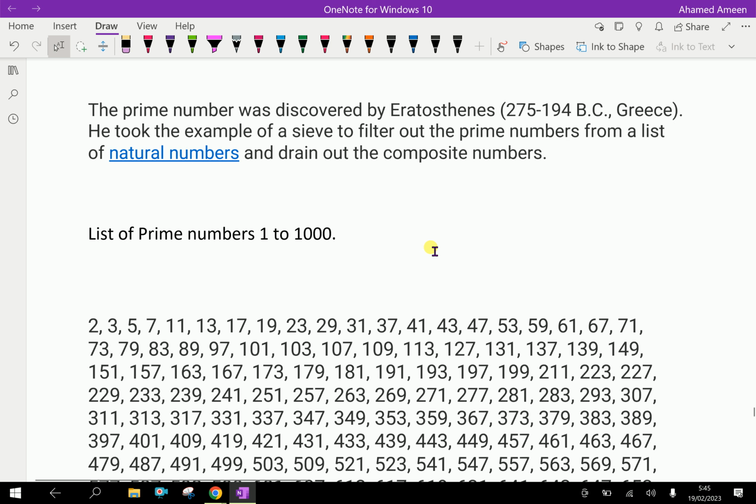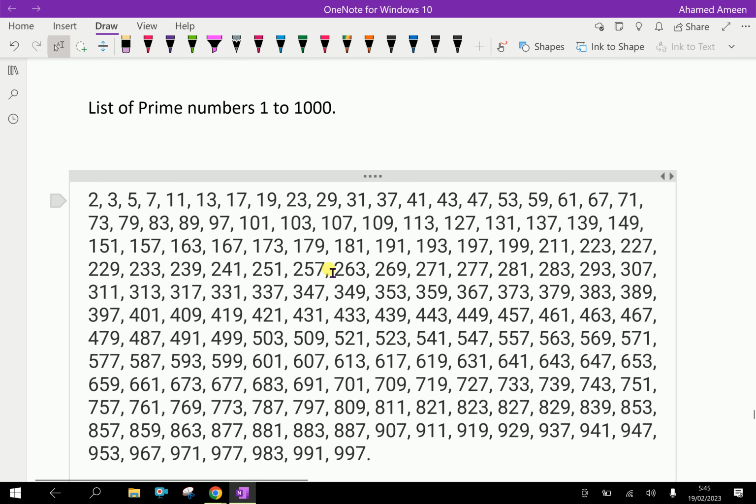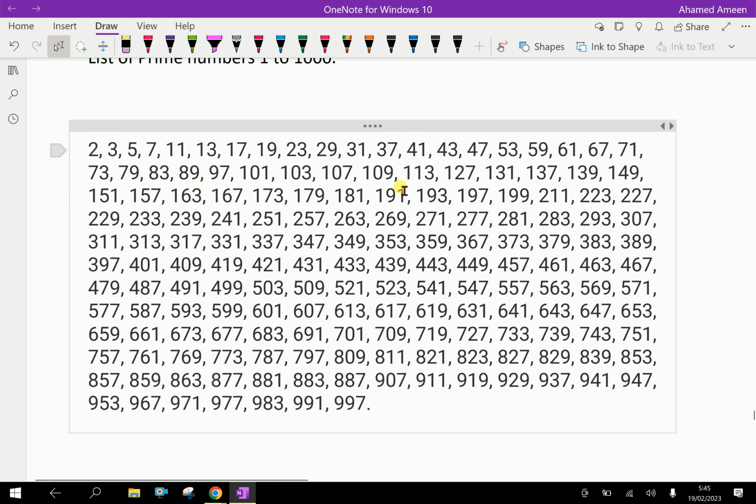First remove the even numbers except 2, and then check one by one the remaining numbers. Up to 1 to 1000 we listed the prime numbers here. Suppose 2, 3, 5, 7, 11, like this it goes. It is better to remember them because it's useful for further studies of prime numbers.